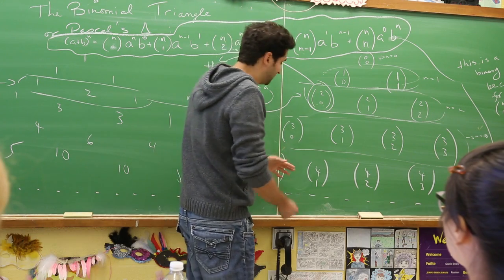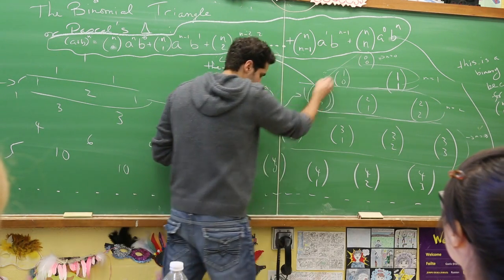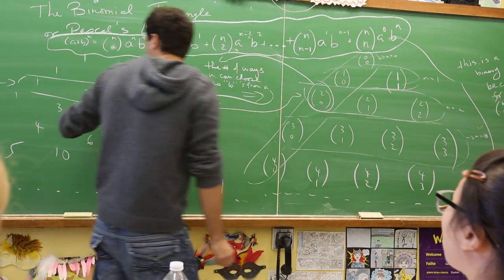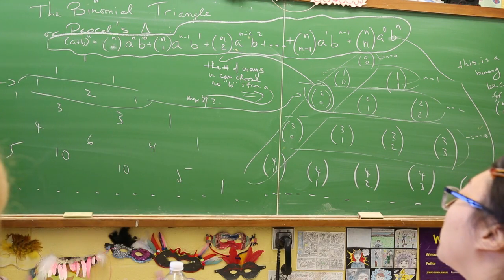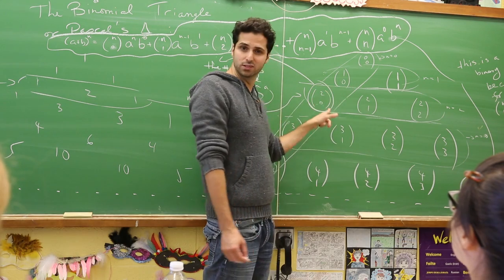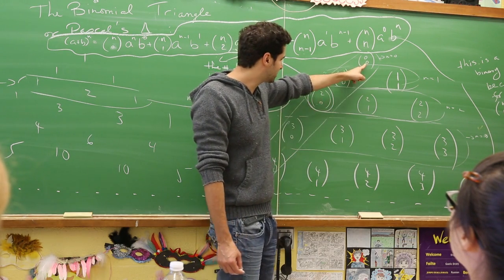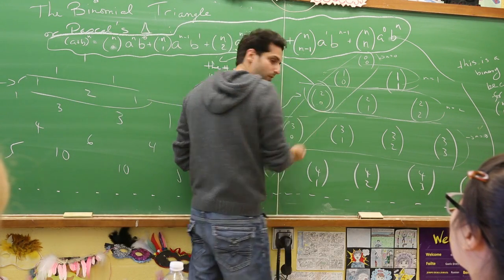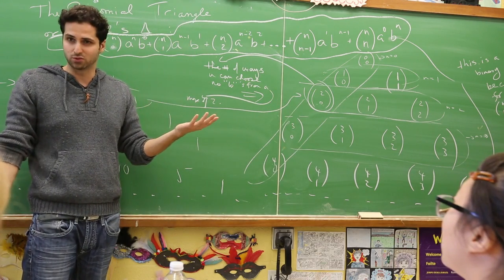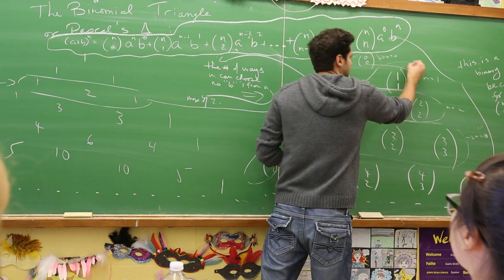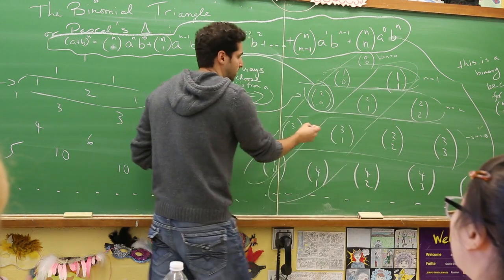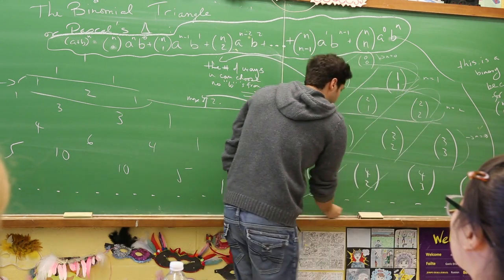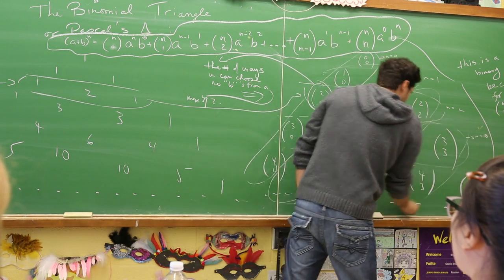Because of the way the triangle is drawn, if you follow along this diagonal here, the r's, which are the bottom of each of these, right, in n choose r, are all the same along this diagonal, which goes from upper right to bottom left. 0, 0 at the bottom, right? Because each one starts with choosing no b's, or zeros. And then you notice that on this diagonal, what do they have in common at the bottom? All ones, right? And then all twos, and then all threes.